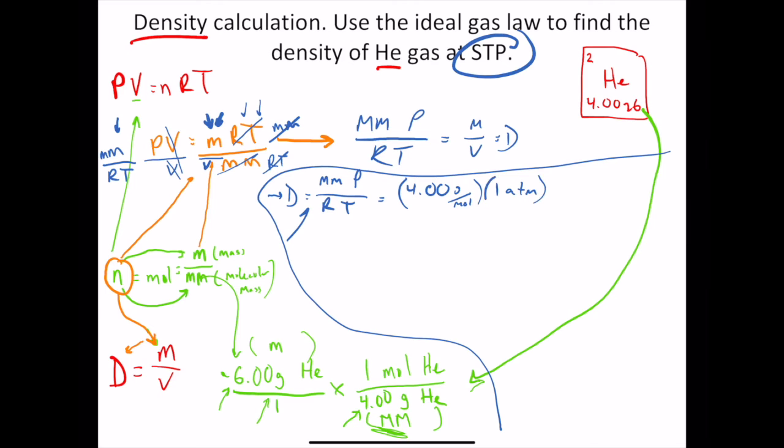Now, why are we using atm instead of kilopascals? Great question. Because of the R. It's 0.0821 atm liters over K times mole. We need to cancel out the atm. That's why we used 1 atm. And the temperature is 273 Kelvin at STP.